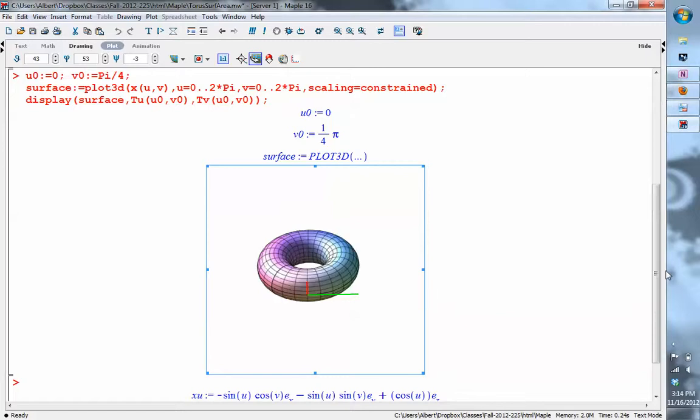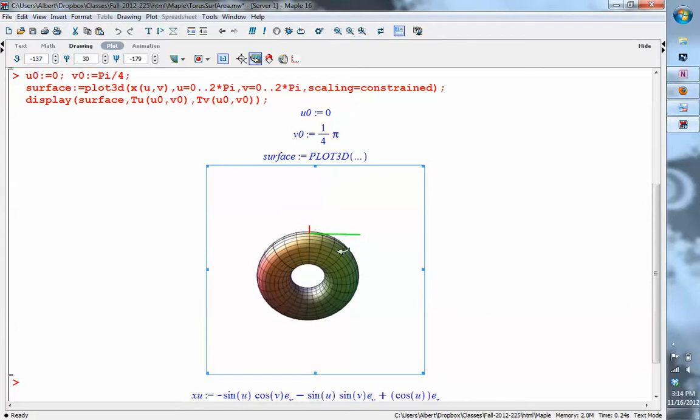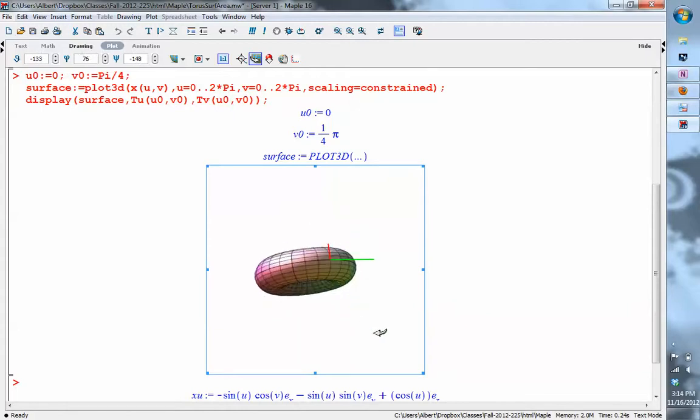The red and the green, so these are tangent vectors to the parameter curves. So the green guy is a tangent vector to the v parameter curves, and the red guy is a tangent vector to the u parameter curves. Let me rotate that around and show you. Okay. And it's surprisingly easy to get those curves.